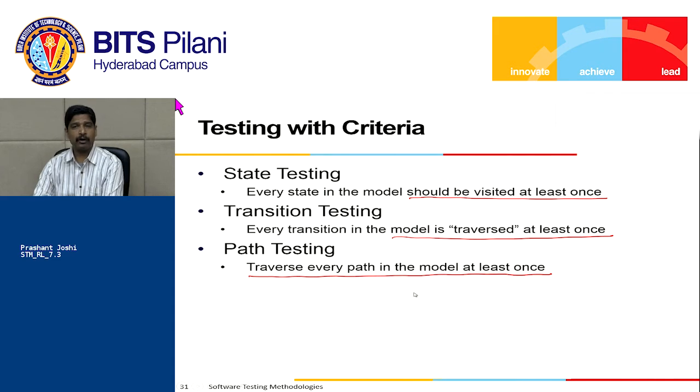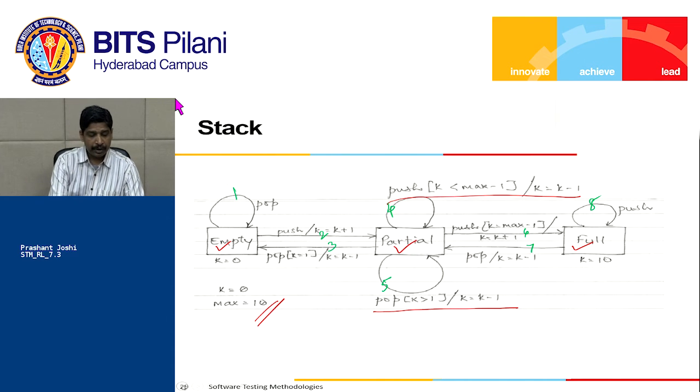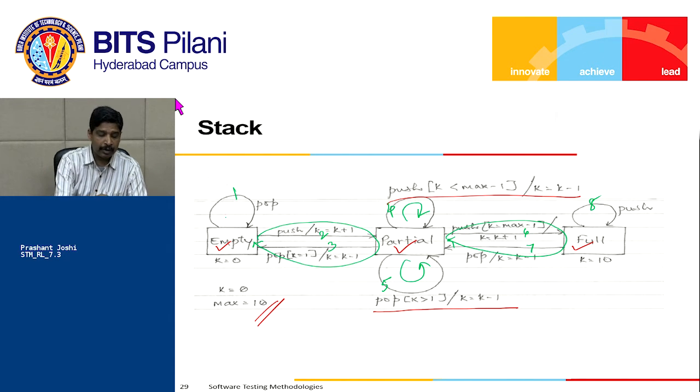That is something we got to look at. I may have numerous paths because now between state, empty and partial, I can keep on doing 2 and 3 numerous amount of times. Or I can do 6 and 7 numerous amount of time. Or I can keep on doing this loop or this loop numerous amount of time.